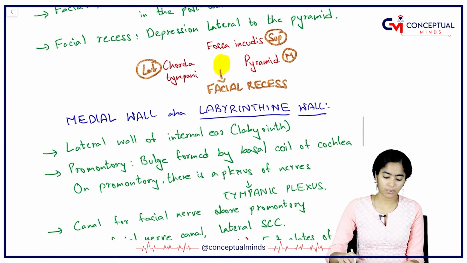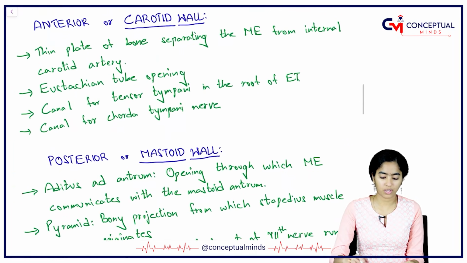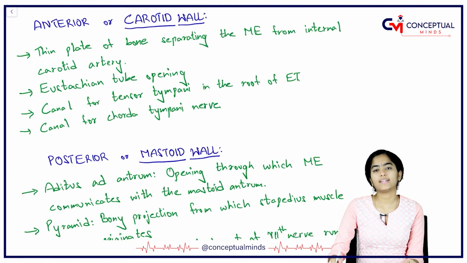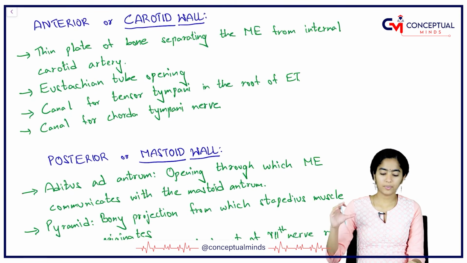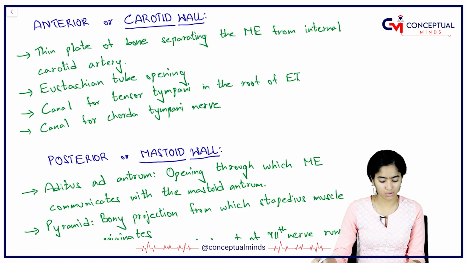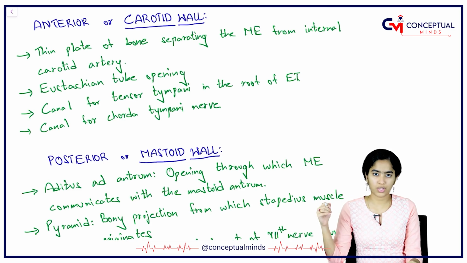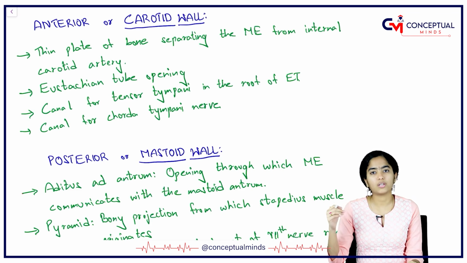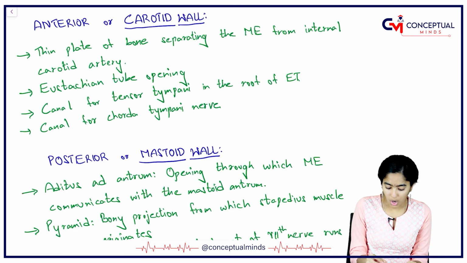What are the important points in the anterior wall? Anterior wall is incomplete. There is a thin plate of bone separating the middle ear from internal carotid artery. And on top there is eustachian tube opening and there is a canal for tensor tympani in the roof of the eustachian tube. Also there is a canal for chorda tympani nerve.